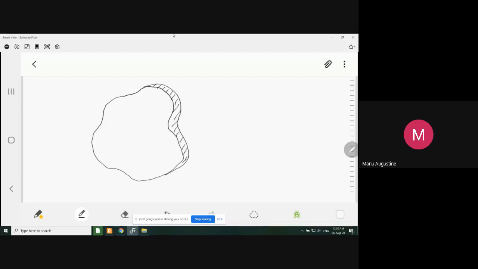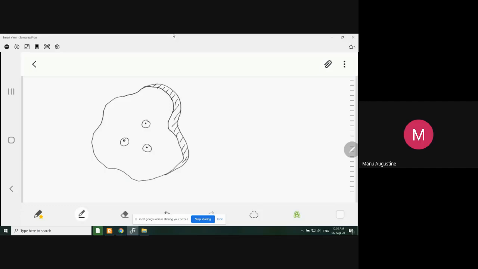Now, how do I know with a random shape like this whether the center of gravity will be at this point or at this point or at this point?